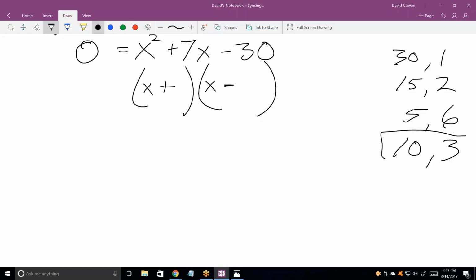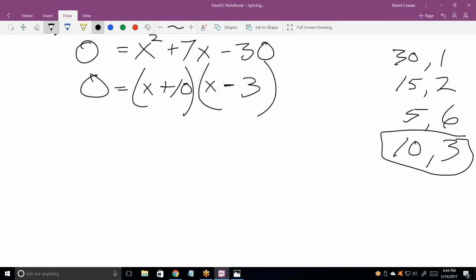Bingo, I've found my two factors that I'm looking for. 10 and 3. And the larger of those factors goes with the sign of the middle term. Well, the sign of the middle term is plus, so my 10 is going to go with the plus, my 3 is going to go with the minus. There's my factor. I did not have to use the quadratic formula.